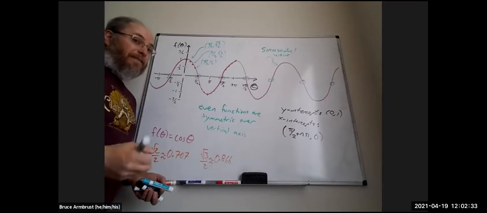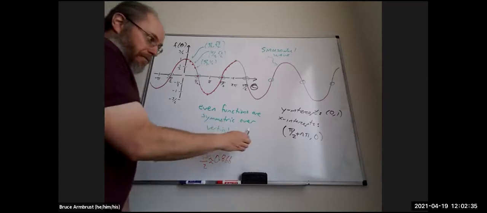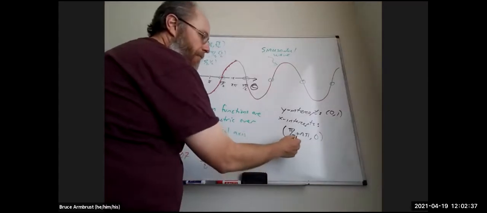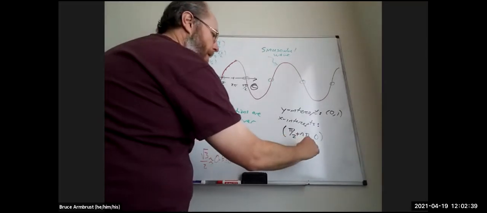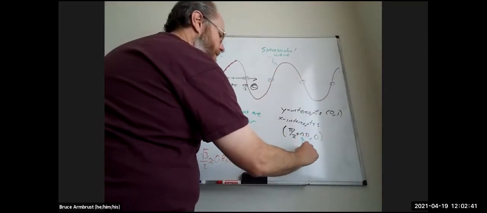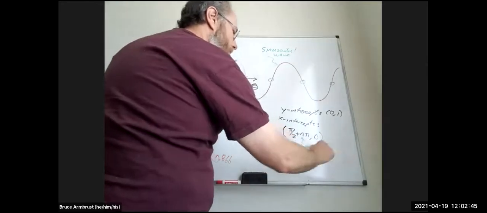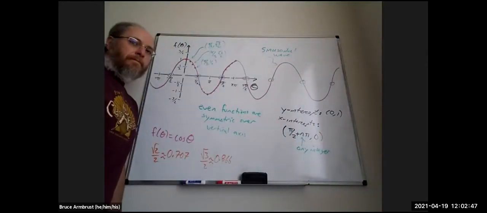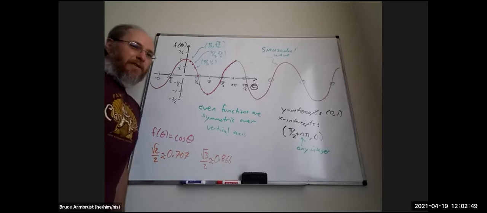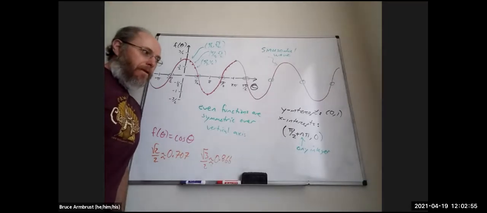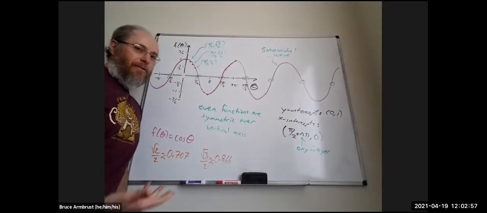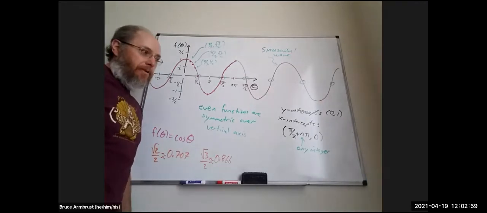Now, you may not have seen this before, so let me just kind of play out what this is saying. When I write pi over 2 plus n pi, this n is any integer. We tend to reserve n in math for integers, or natural numbers is where the n really comes from.